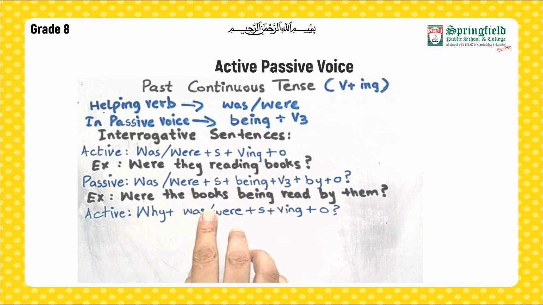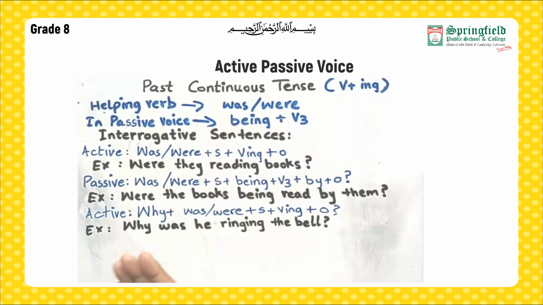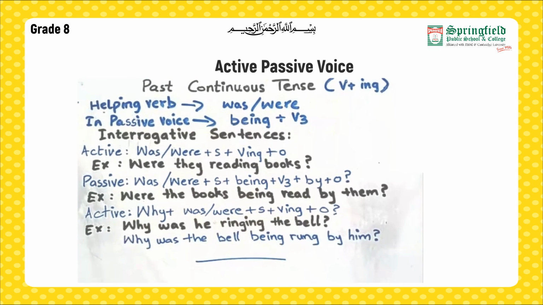You know that, right? So the sentence is going to be, why was he ringing the bell? When we change it into passive voice, the sentence goes like, why was the bell being rung by him? Question mark.